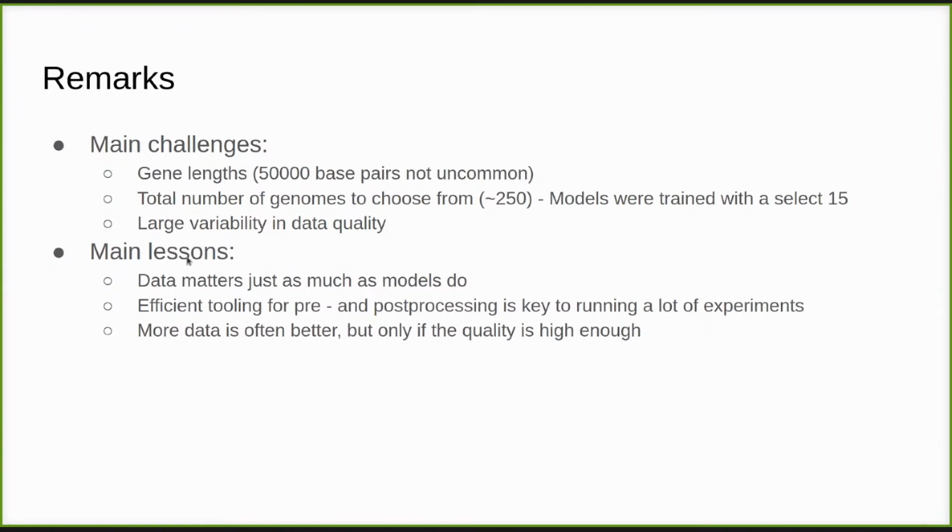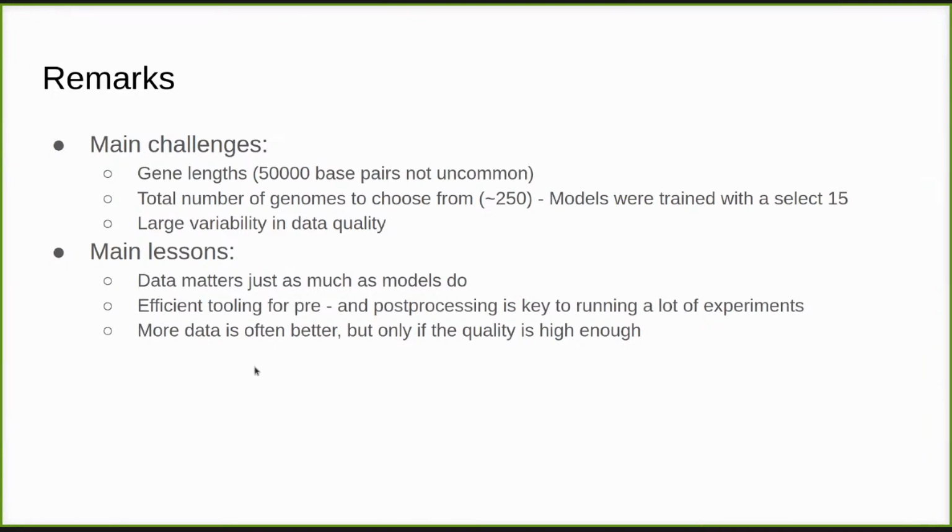The main lessons, I think, at least I drew for me, is that data matters just as much as models do. So, I mean, I would say even more probably. I would think data first and then models at some point. And a really efficient tooling for pre and post processing really enabled us to iterate a lot, look at the data from all kinds of different ways, and run as many experiments as possible, basically, to figure out what works and what not.